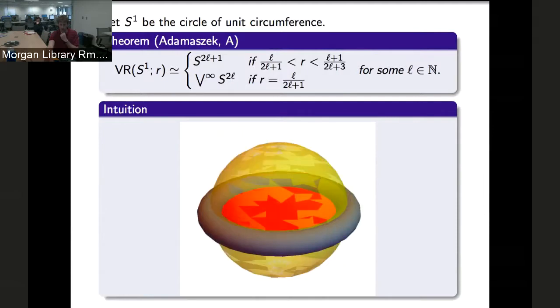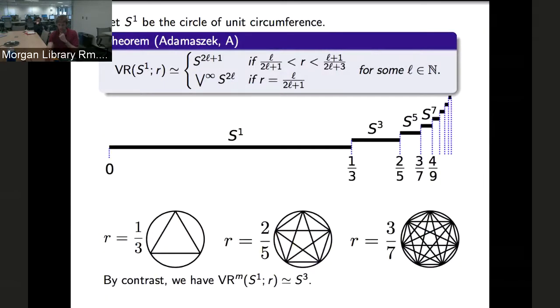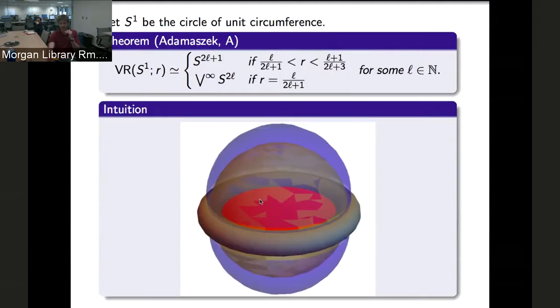Okay. So let me try to describe where the 3-sphere is coming from. So right now, at scale parameter 1/3, we have all these disks, but there's sort of open space between adjacent disks. So there's air bubbles between nearby disks. Okay. If we increase the scale parameter just a little bit, that space between nearby disks fills in.